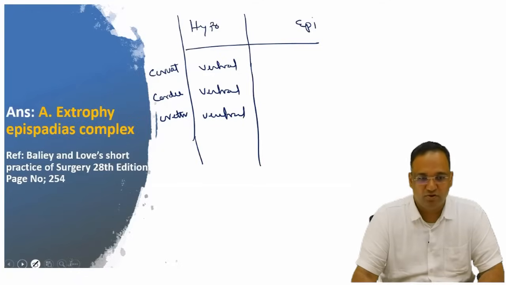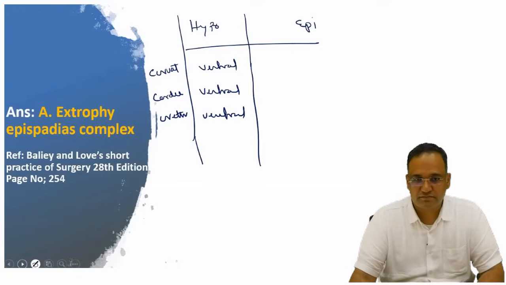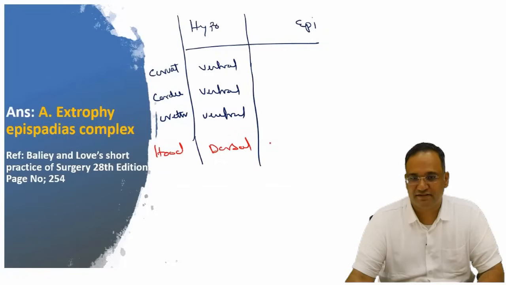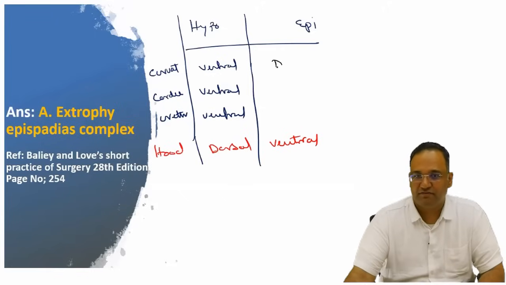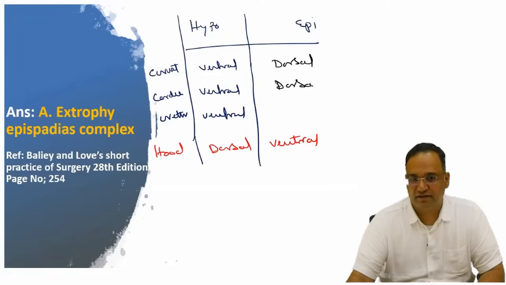And the hood will be dorsal, whereas the hood in epispadias will be ventral. And when you look at the curvature in epispadias, it will be dorsal. Chordae, dorsal. Ectopic urethral opening, dorsal.